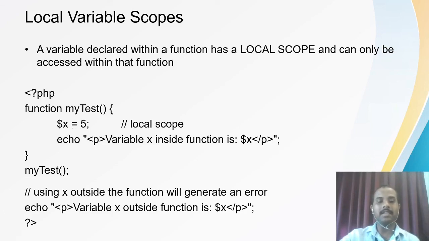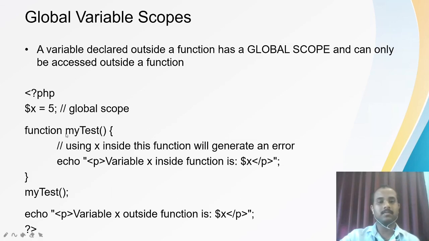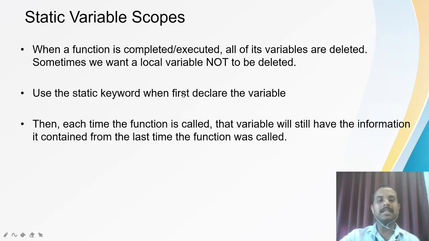So that will get deleted, or vanish, or die as soon as this function gets executed. In certain cases we do not want to do that. We do not want to delete the local variable.